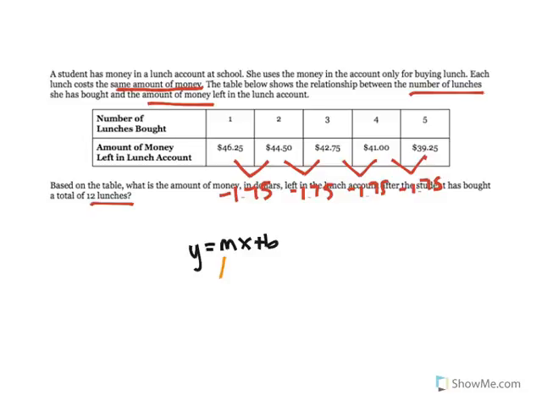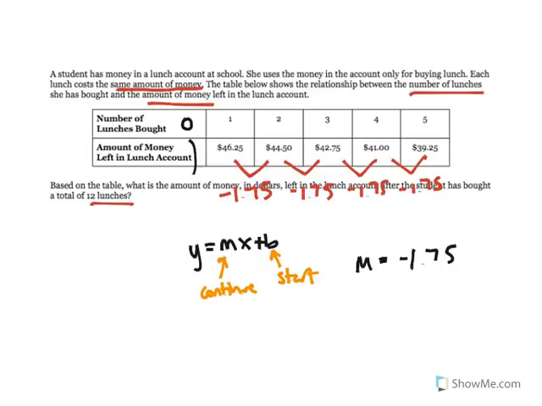And remember, M is how we continue, and B is where we start. Okay? So how do we continue up here? Each lunch is minus $1.75, and that's the pattern. So minus 1.75 is how we continue. Now, how do we start? We know the amount in her account after she buys one lunch, but how much did she start with?